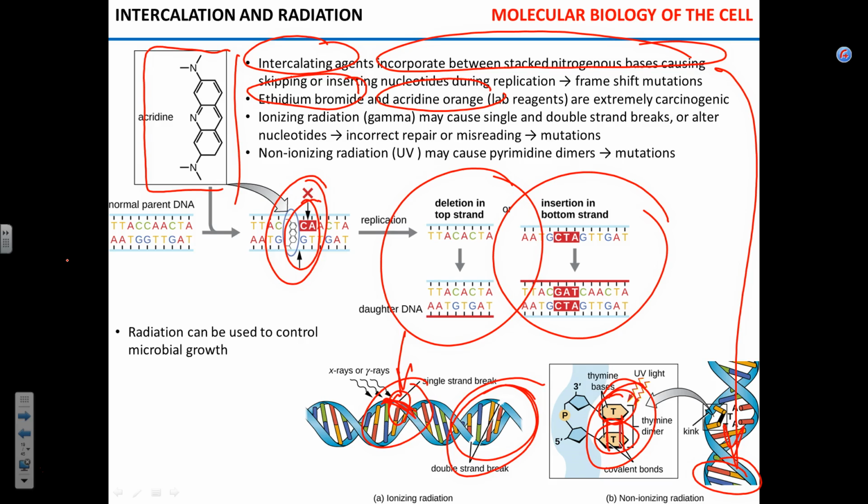Now, you can imagine that these dimers are not going to be read by DNA polymerase III properly, and that will lead to the insertion of mutant residues, maybe the frame shift or something like that.